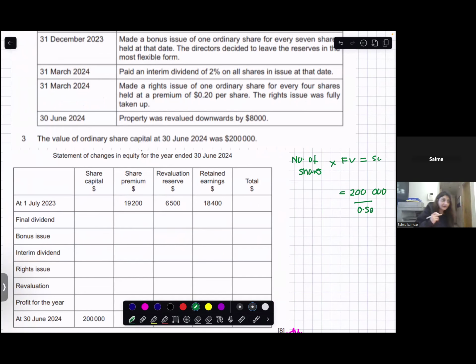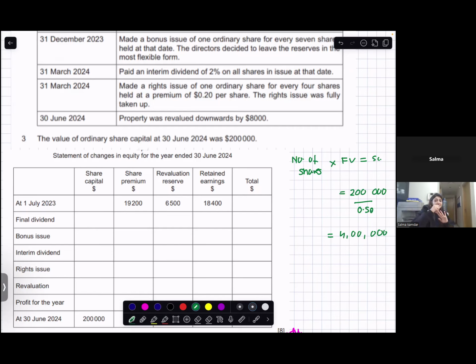Okay. Please keep calculators handy with you. 400,000. Understand your SOCE always has the dollar value, it has the capital value. To find the number of shares given to you as bonus, to find the right issue, to find the interim dividend paid.